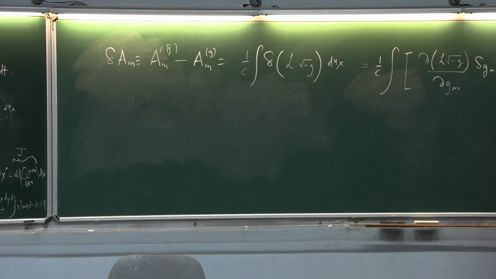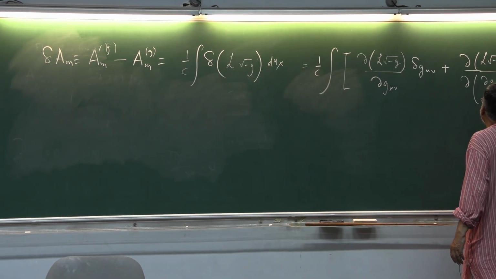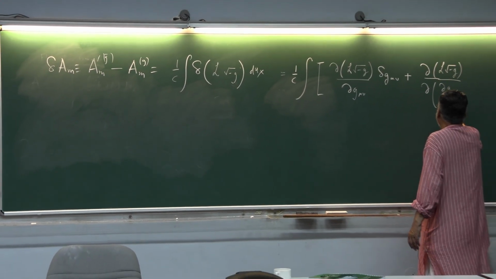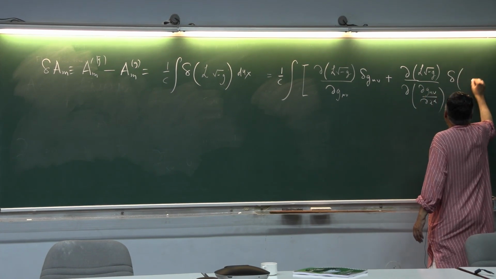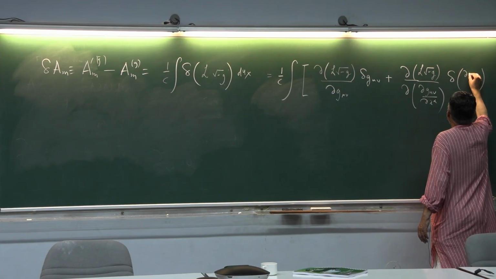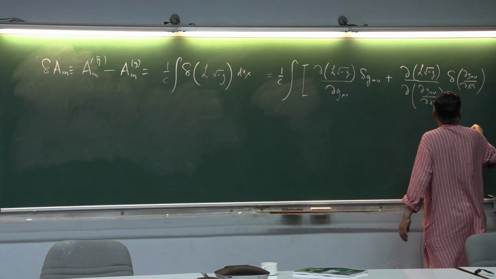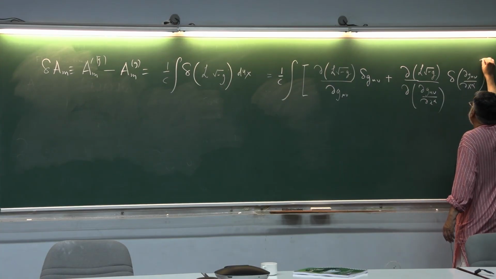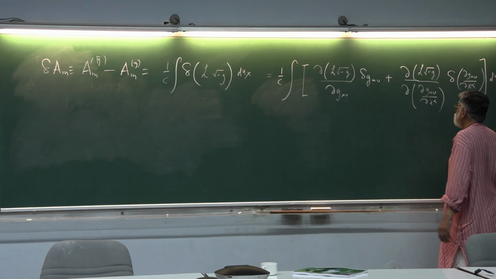So therefore there should be another term, del of the Lagrangian by del of del G mu nu by del x alpha, times delta of del G mu nu by del x alpha. Okay.